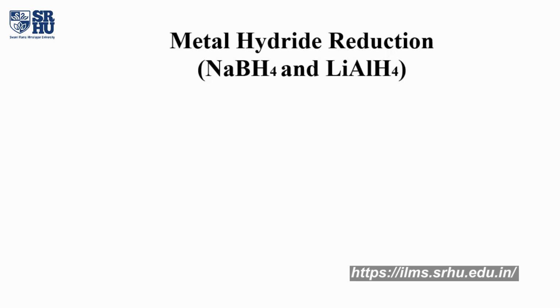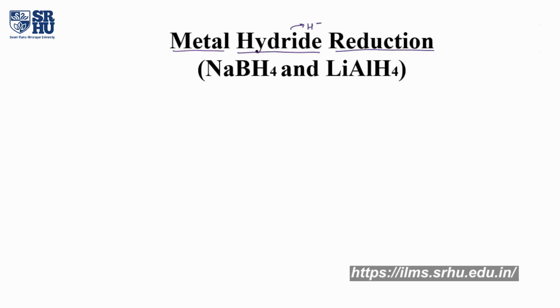Now we will study metal hydride reduction. In this topic, we are going to study a few metal hydrides, a few metals and their related compounds which are the source of hydride ion. Hydride means H minus ion, and they are responsible for reduction of many organic compounds.